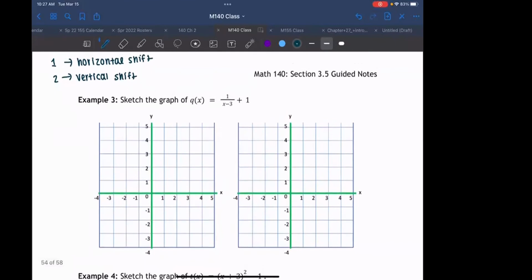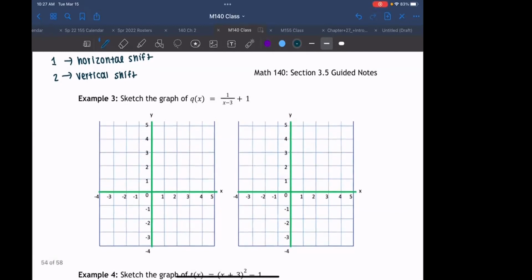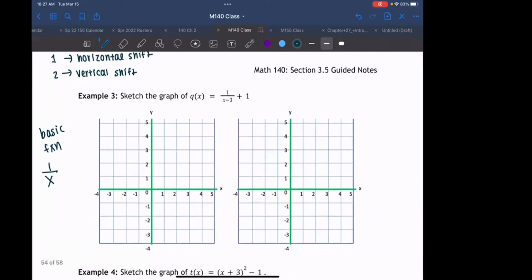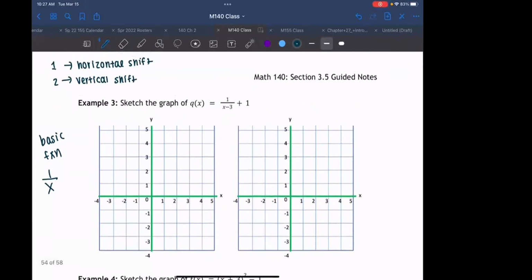Okay. Let's take a look at example 3. We have the graph of 1 over x minus 3 plus 1. What's my basic function here? 1 over x, right? We have a fraction and there's only x in the denominator, so it has to be 1 over x. Using our graph, we have our asymptotes that we need to draw, the dotted lines.